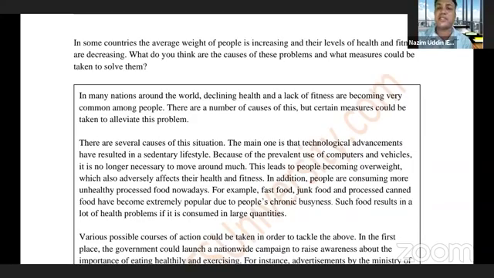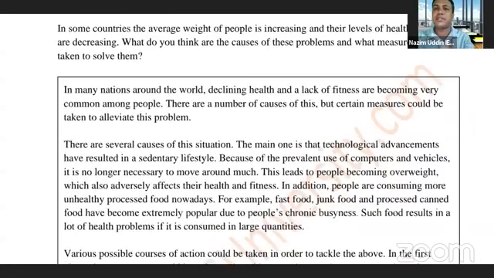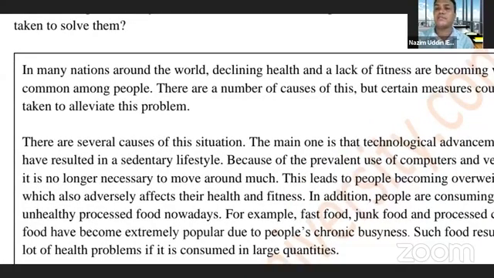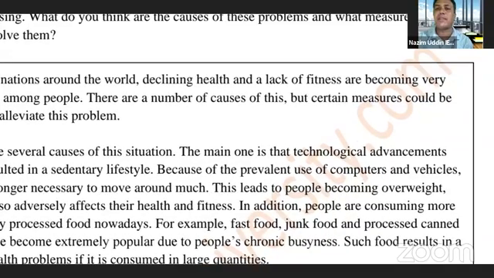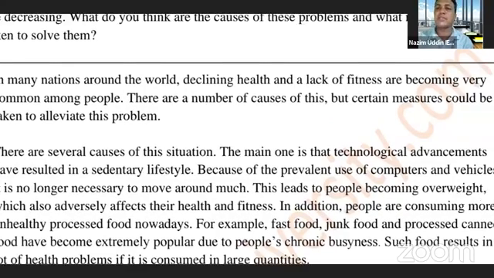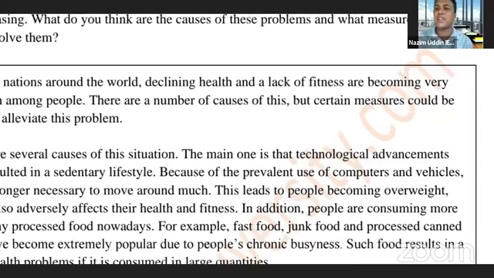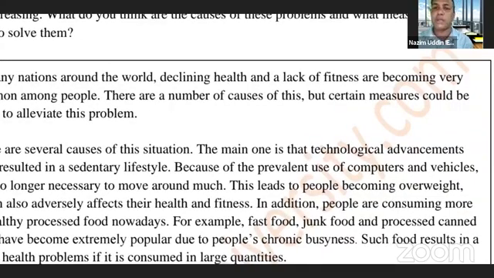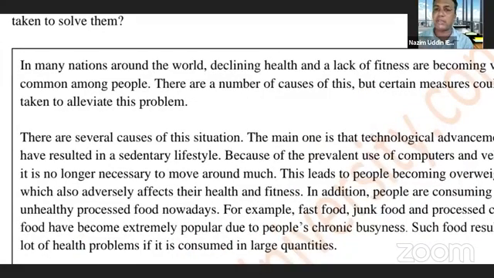In many nations around the world, declining health and lack of fitness are becoming very common among people. There are a number of causes of this, but certain measures can be taken to alleviate the problem. This is the introduction.